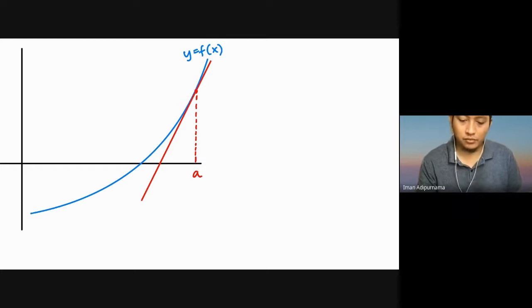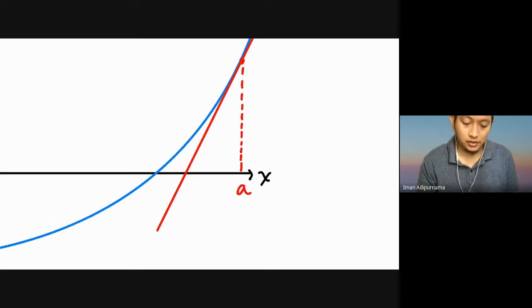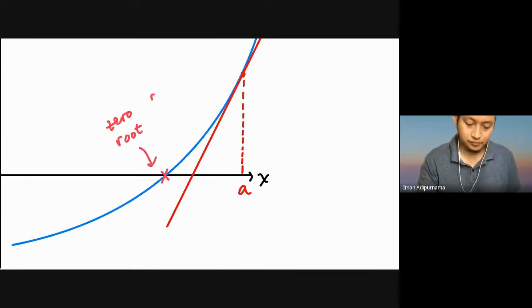Now, if I have this f of x, and this f of x is crossing the x-axis at this point here, which means this is our root, right? Our root of the function, or we also call it the zeros, the one that makes the function 0. So at this point here, f of x is 0, right?